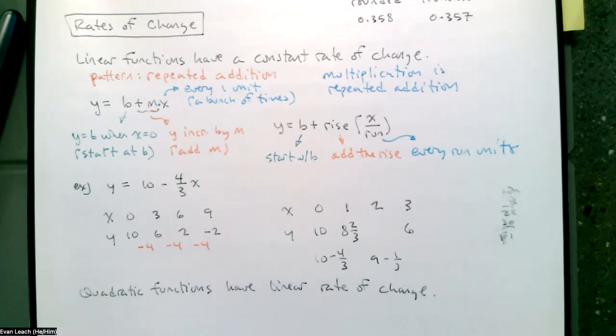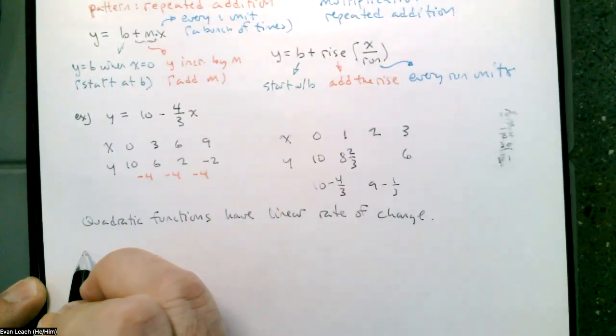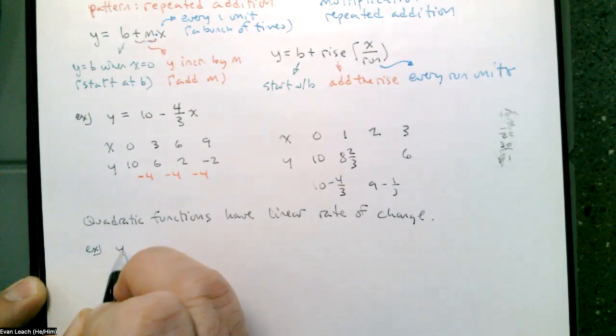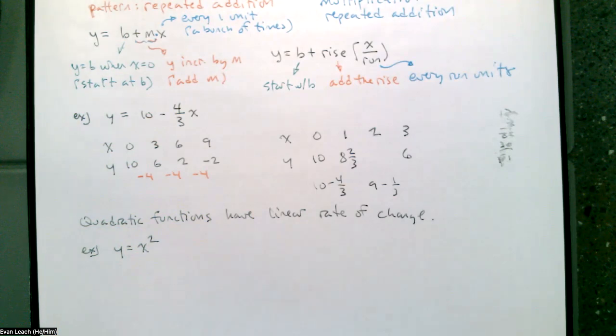We know this already because in calculus, rate of change means derivative. The derivative of a quadratic function will be a linear function. Let's identify this in numbers. I'm worried about my ability to do calculations this early in the day, so we'll just go with the easiest quadratic function there is.